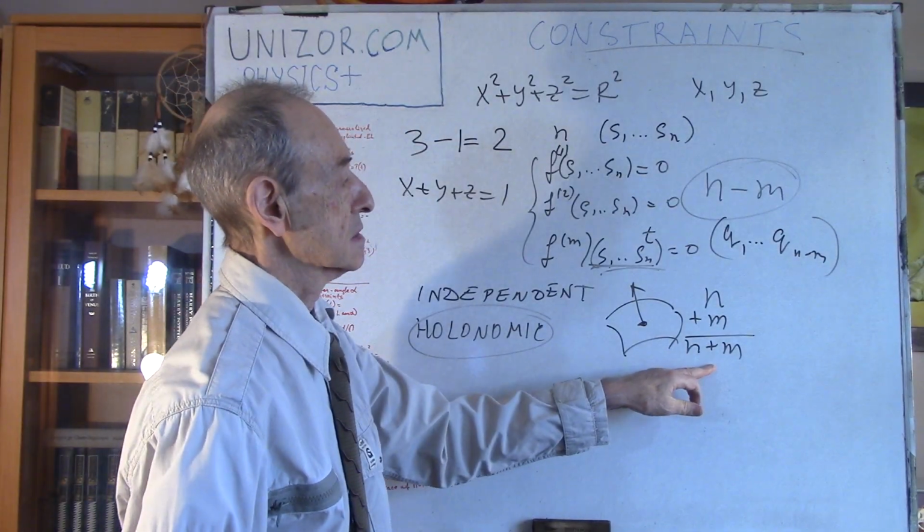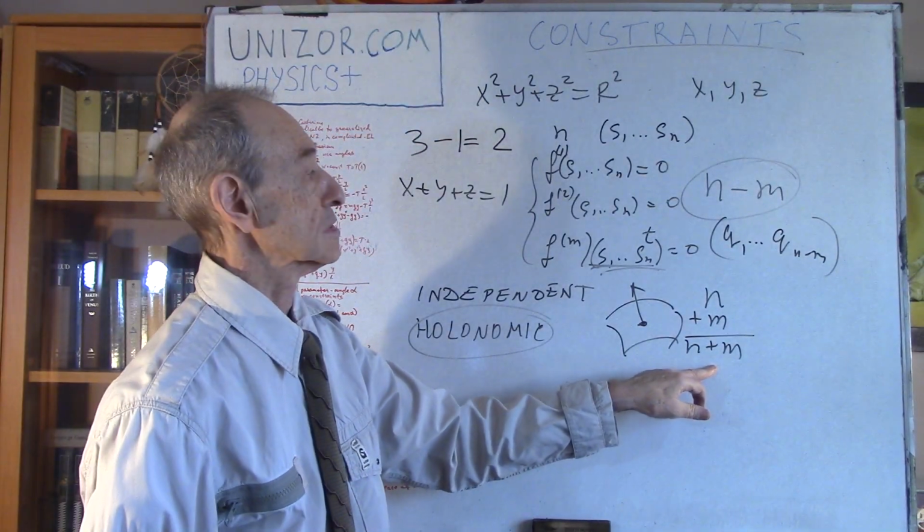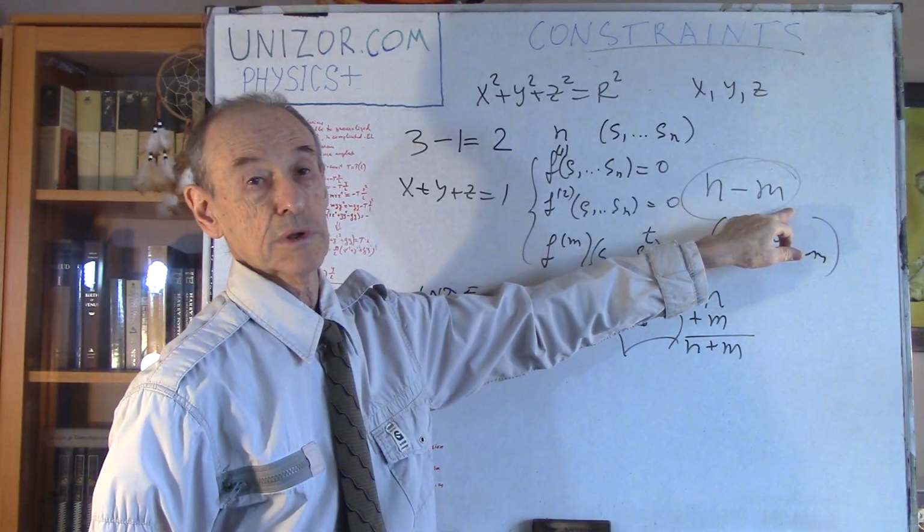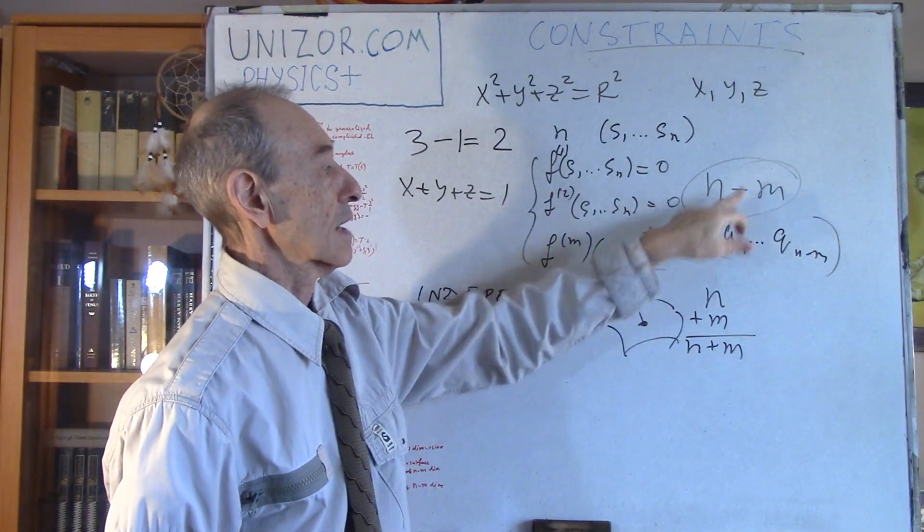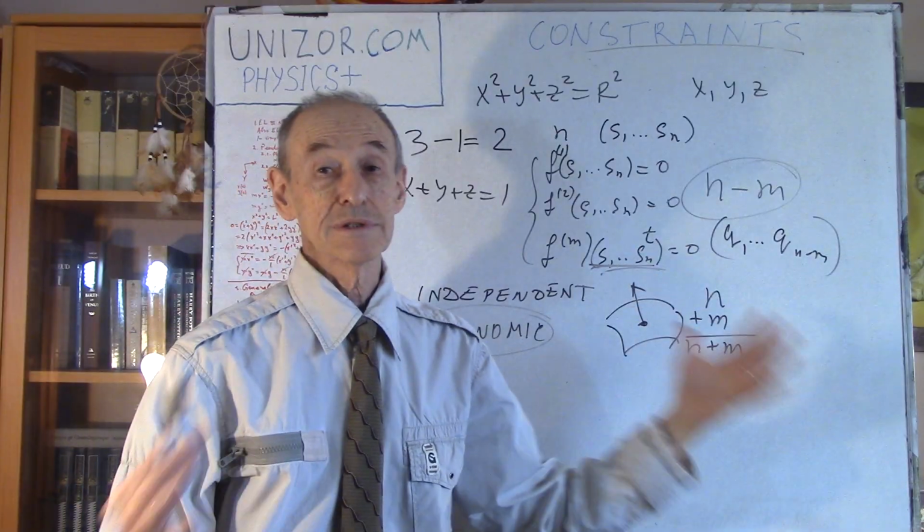So instead of this number of equations and variables, we use this number of equations and variables. And the more constraints we have, the more dramatic the difference will be.